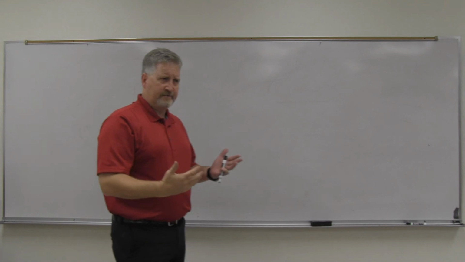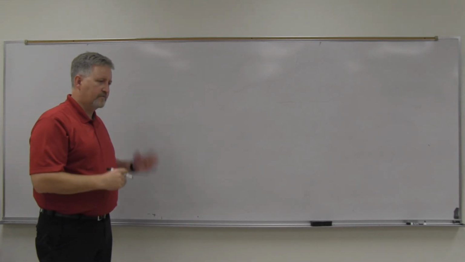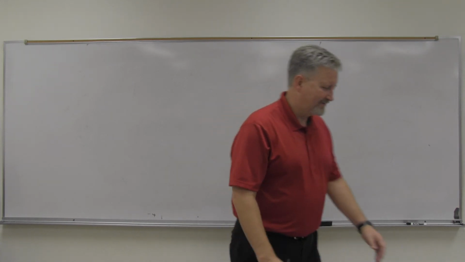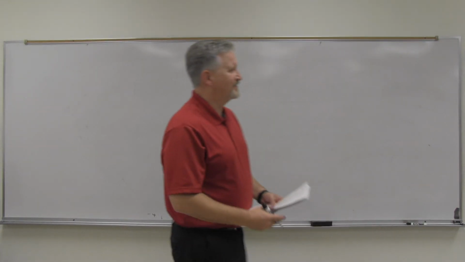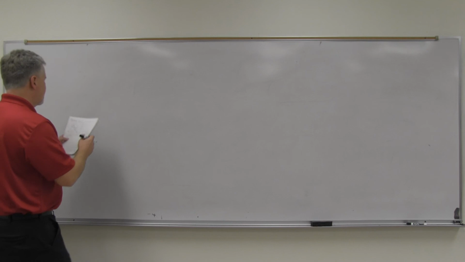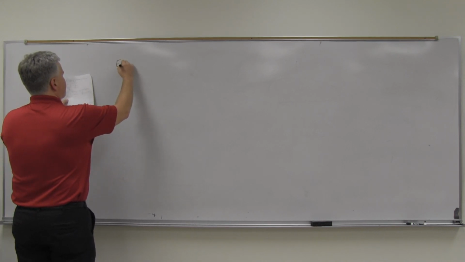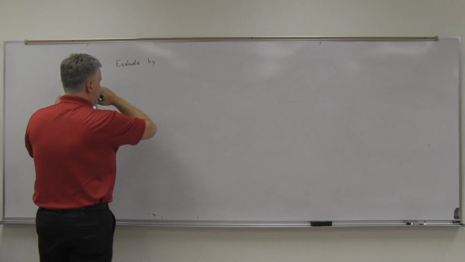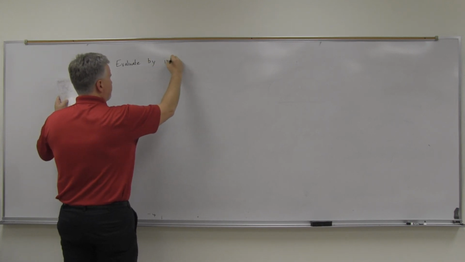Now, in a similar fashion, we can do a couple of other integrals, and then we'll really open it up next time. Let's evaluate these integrals again by interpreting them as areas.